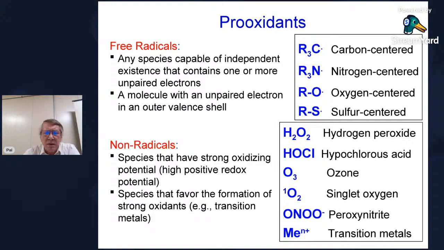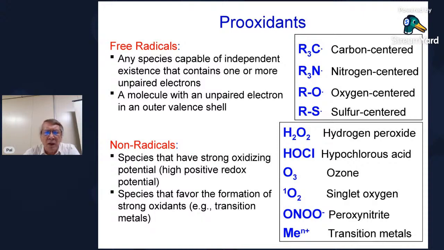Free radicals are of different types: they can be carbon-centered, nitrogen, oxygen, and sulfur-centered radicals. Each type of them can be formed even under physiological conditions.